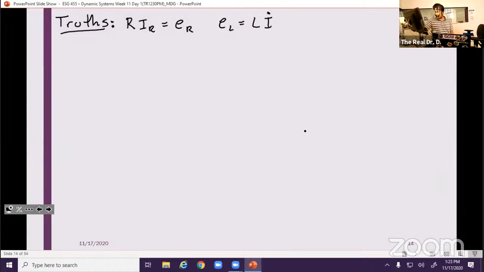We got E_L is L I dot L, and we've got I_C is equal to C E dot C. Right, I've got my KCL at node A, which tells me the current through my resistor is equal to the current through my capacitor plus the current through my inductor.